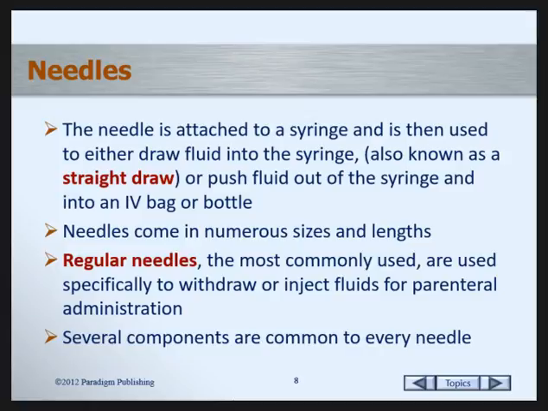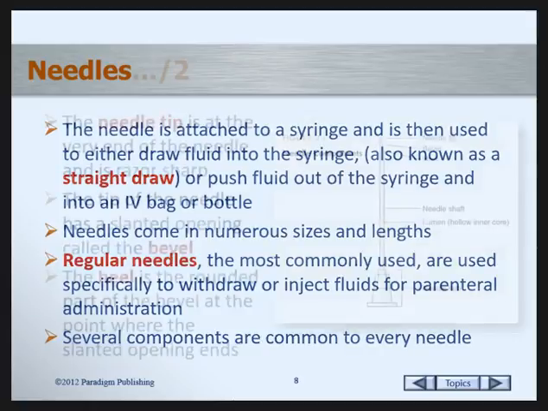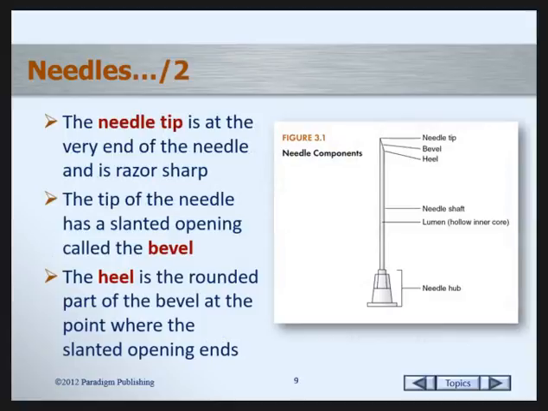Needles come in various sizes and lengths. Regular needles are most commonly used. They're used specifically to withdraw or inject fluids for parenteral administration. Several components are common to every type of needle. The needle tip is at the very end of the needle, and it is razor sharp.